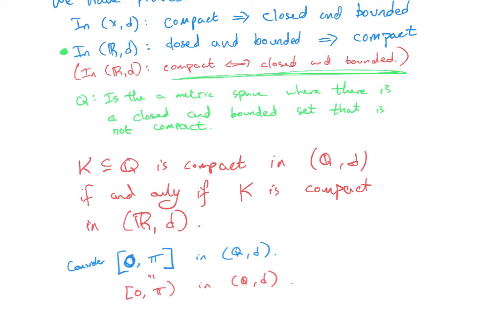Madeline says it's not closed. Why isn't it closed, Madeline? Ah. Madeline says I can take a sequence of successive approximations to pi, and my set won't contain the limit, so it's not closed.